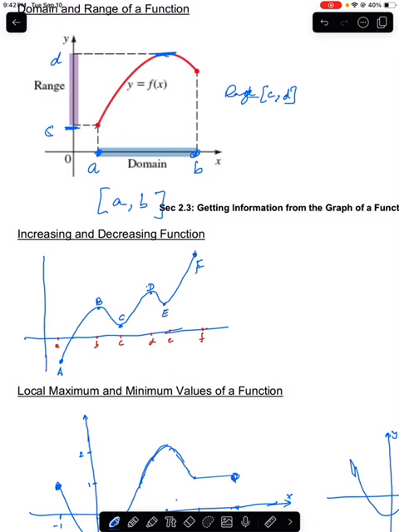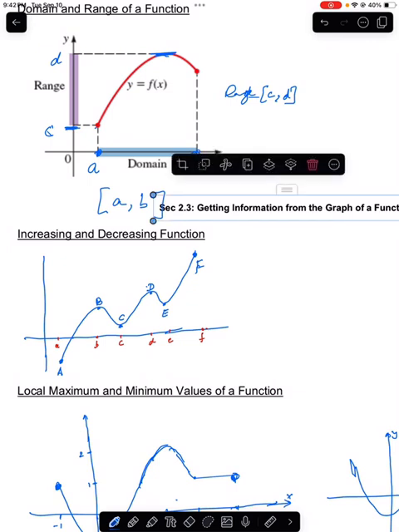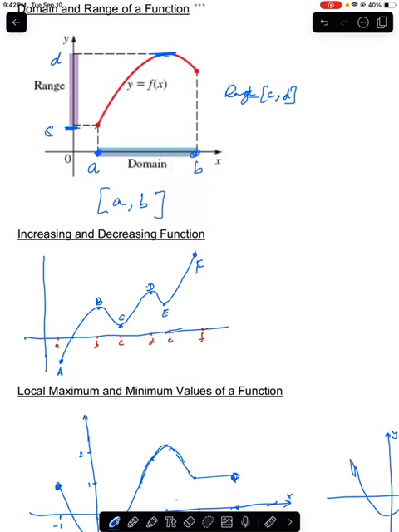Another thing that you can get from the graph is where the function is increasing and where the function is decreasing. If you look at the second picture of the graph, it's starting at the point A and going up to point F. These solid points at the end tell you where it is starting and where it is ending.